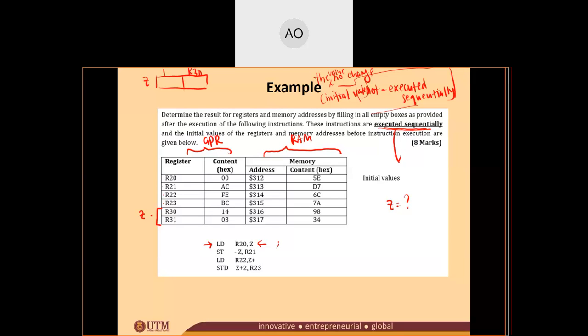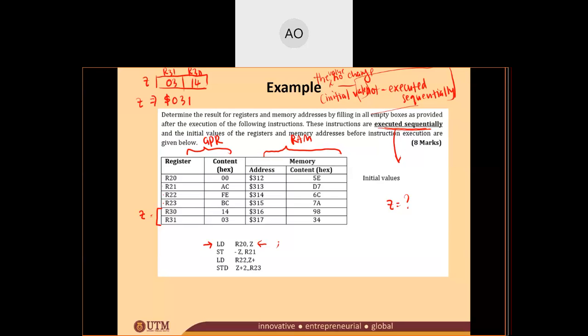Make sure the position is correct: which one belongs to the low byte and which one belongs to the high byte. In this question, R30 is 14 and R31 is 03.